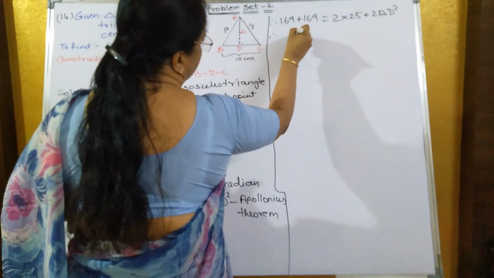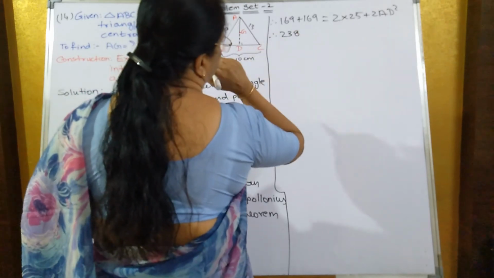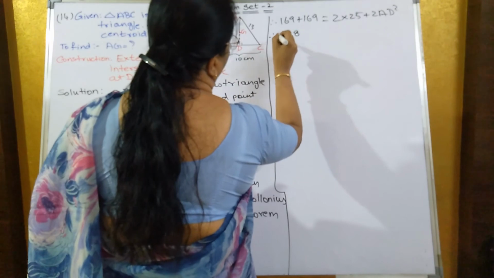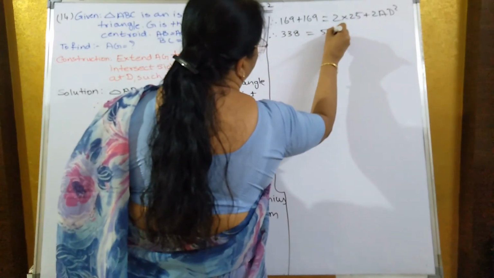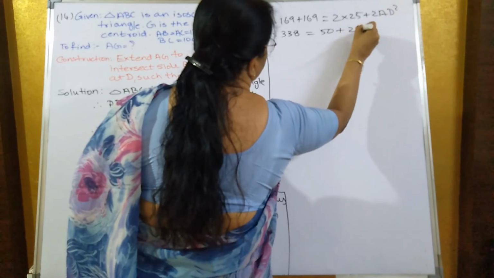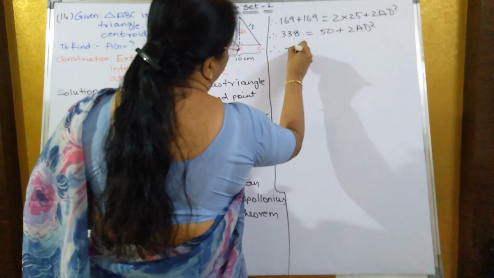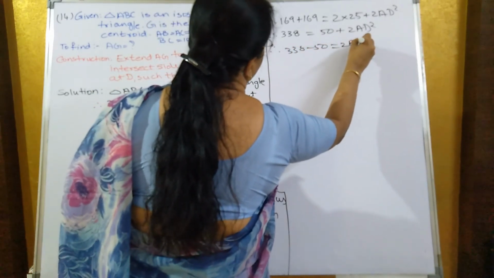169 plus 169 is how much? 338. 338 is equal to 50 plus twice AD square. Therefore, 338 minus 50 is equal to twice AD square.